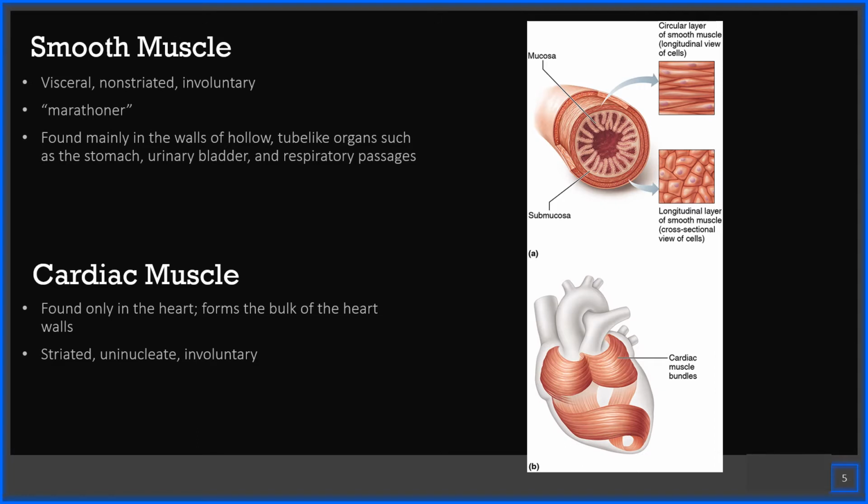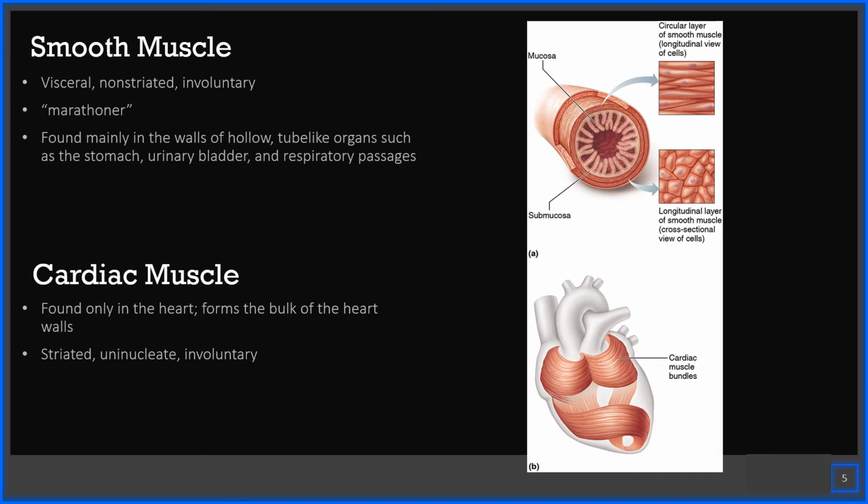It's the sprinter, and your smooth muscle is the marathoner. It's doing work constantly and generally at the same pace, and can maintain that work for a long time. So the cells don't tire out very easily. It's found mainly in the walls of the hollow tube-like organs such as your stomach, urinary bladder, and respiratory passages.